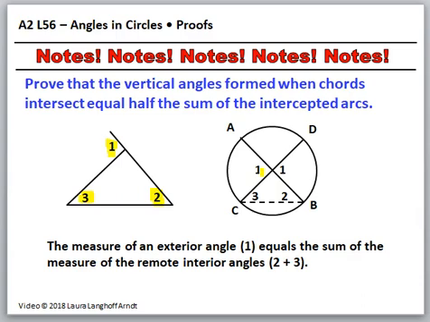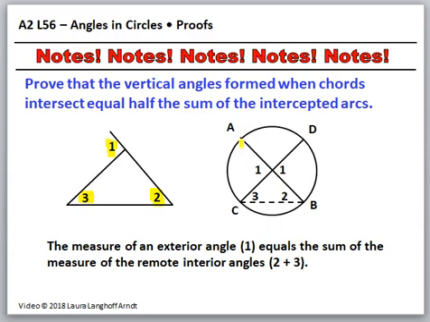Because we can look at this and we can say, what have we got here? Oh, look, we've got a bunch of remote interior angles. And we have an exterior angle right here. We need to make sure that we see that when we look at these pictures. When we do proofs and that kind of thing for geometry, the most important thing that we can do is be able to recognize what's in our picture and what is given.